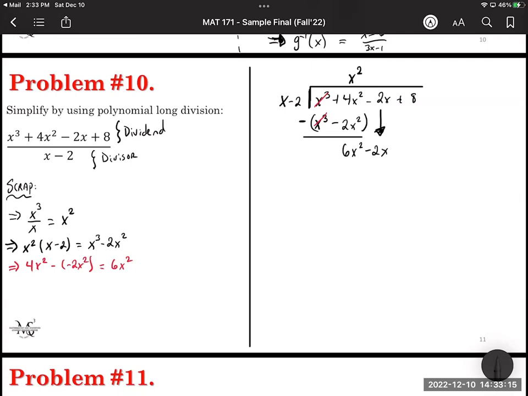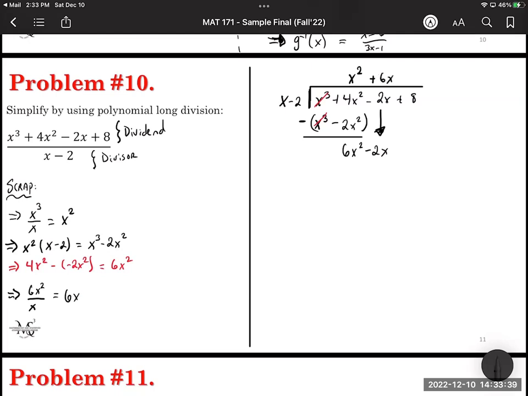So we have to do this again. We want to ask ourselves, how many times can x go into 6x squared? 6x. That's right. So we write the 6x above, plus 6x.